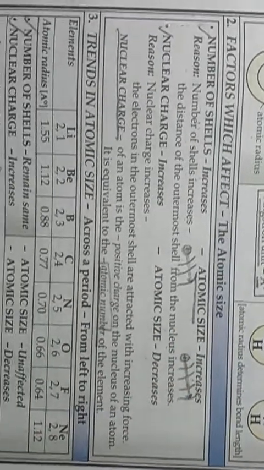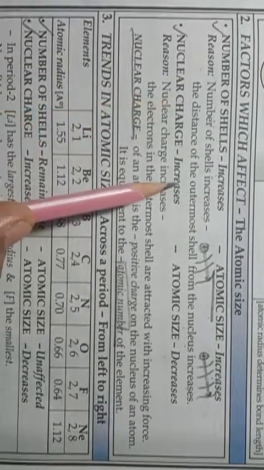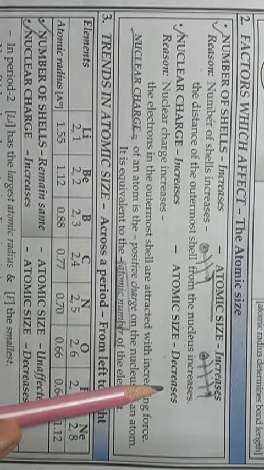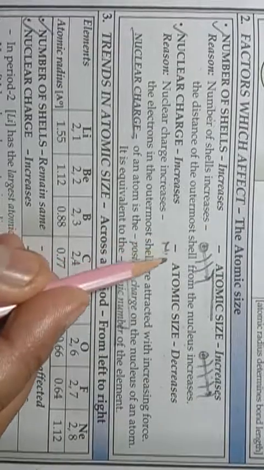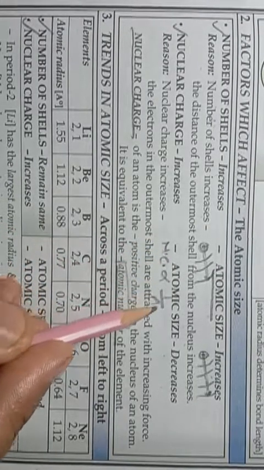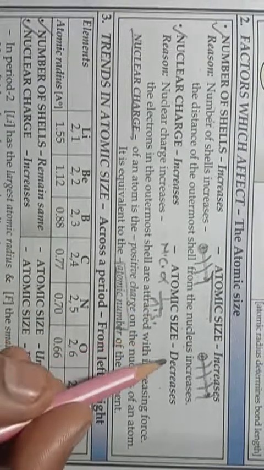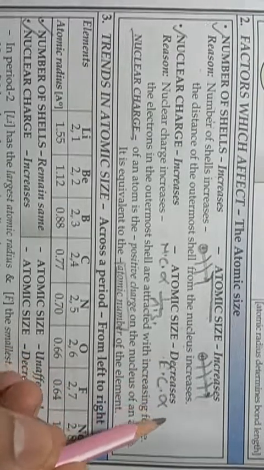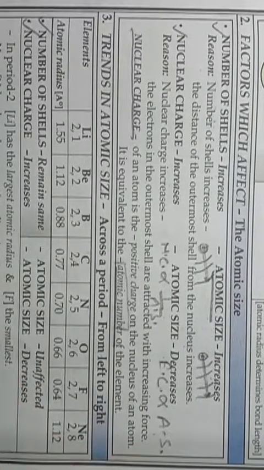The next is nuclear charge. Nuclear charge increases, atomic size decreases. Okay, so nuclear charge is inversely proportional to atomic size, or you can say that electronic charge is directly proportional to atomic size, okay, or atomic radius.